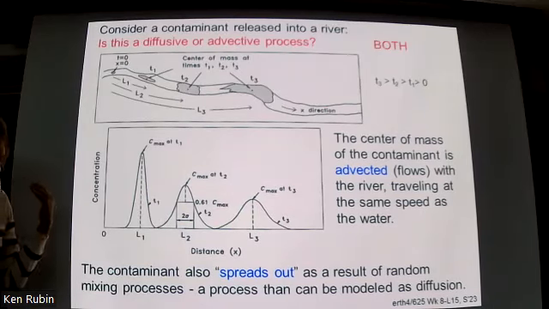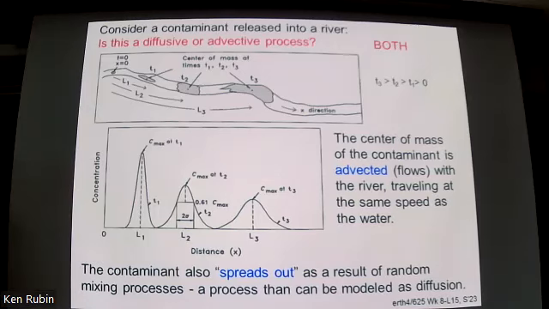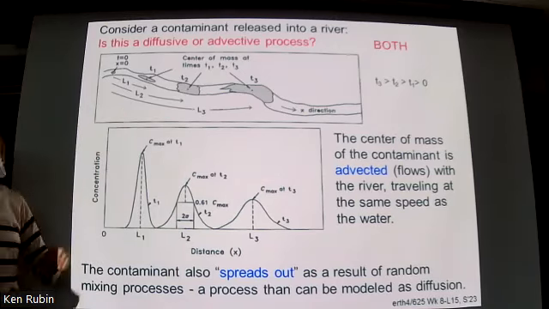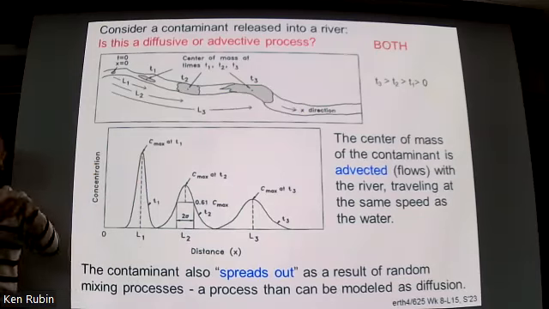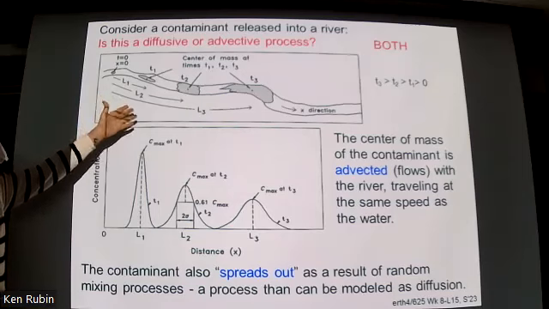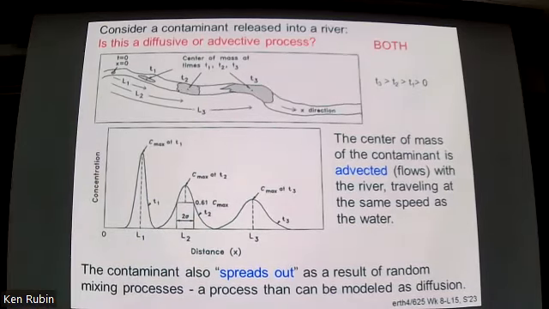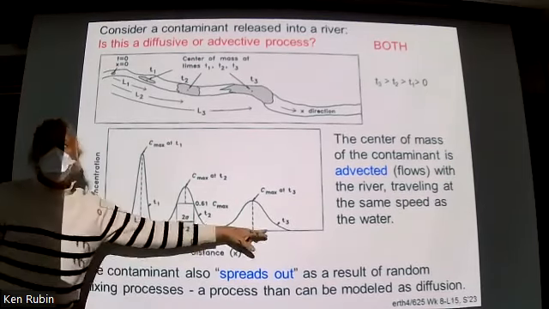Advection is like the wholesale motion of stuff from one place to another. It's what's causing things to migrate really rapidly in the environment. Whereas diffusion causes this dispersal of stuff. It does make the concentration in the area of contamination or chemical go down over time as it moves, but it spreads out over a bigger area.